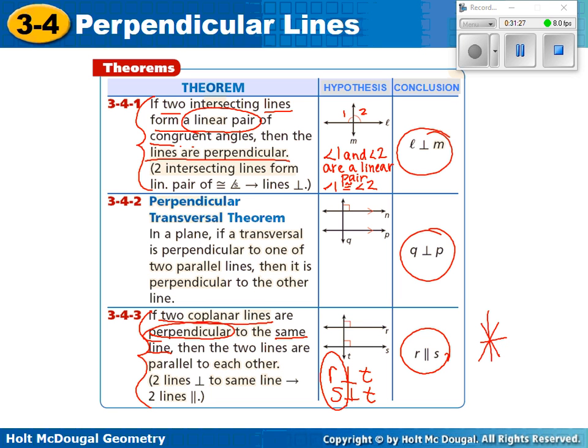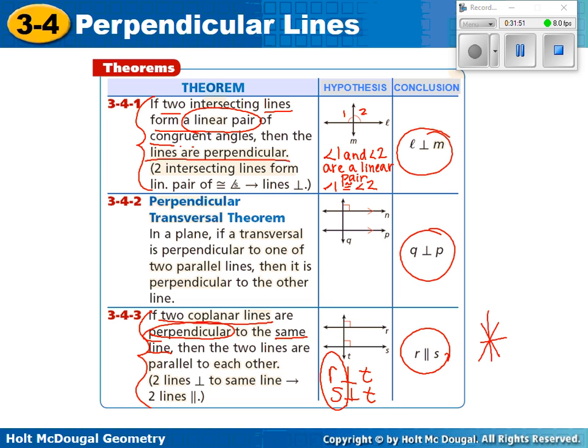That's a way you could shortcut it a little bit. If congruent angles form a linear pair, then the lines are perpendicular. Or again, you can use their little way of abbreviating here as well. Questions before we go on to the last theorem of the day?